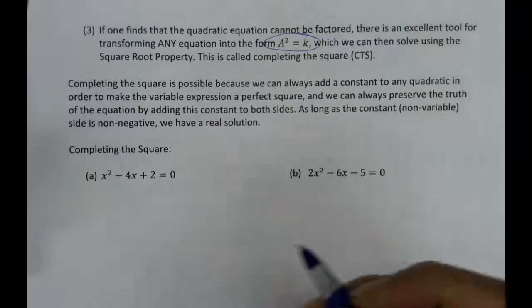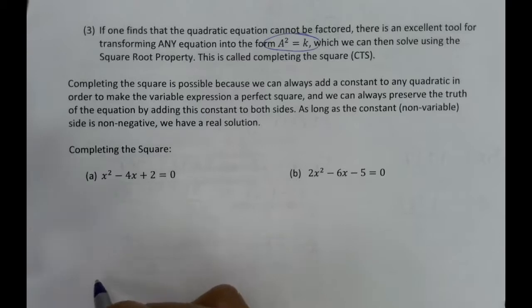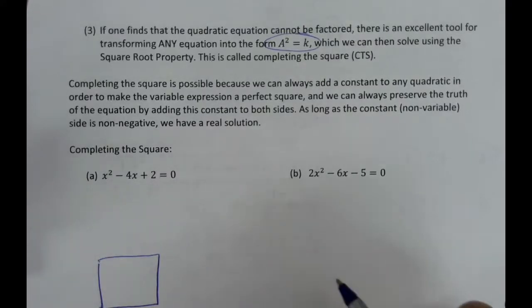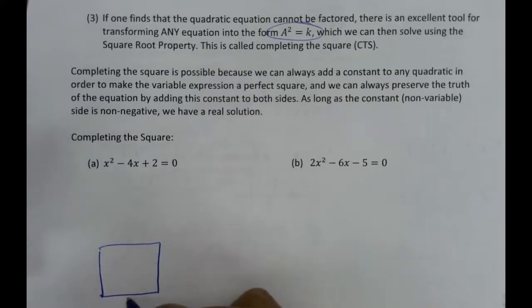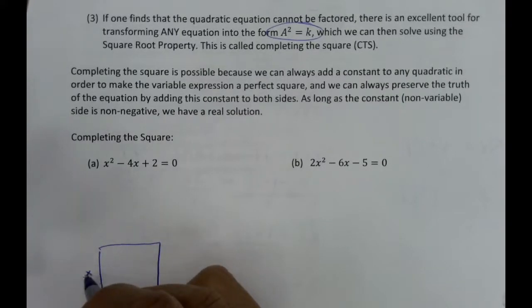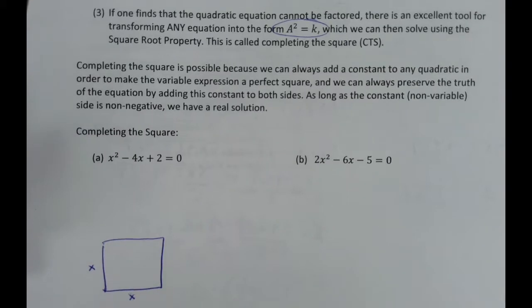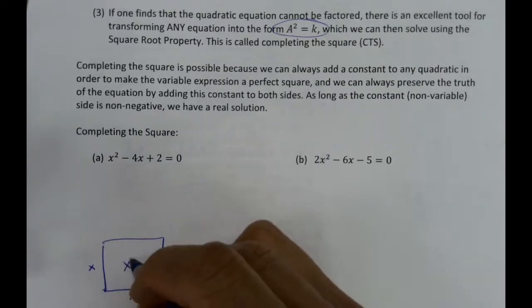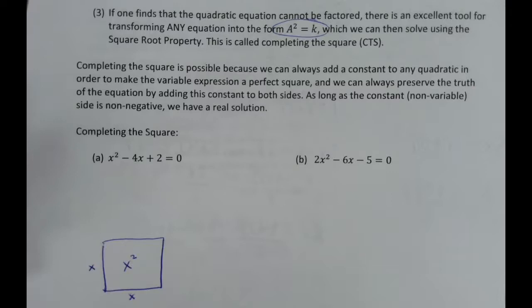And here's how that works. Anytime we've got an x squared term, we can represent that visually with a square, x by x. It has an area of x times x, length times width, and it is a square, so the area is x squared.